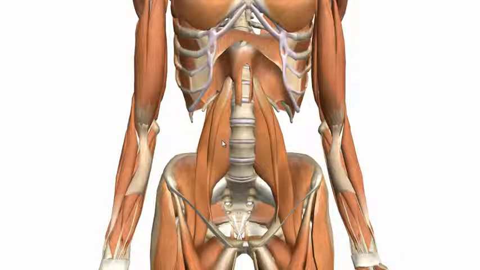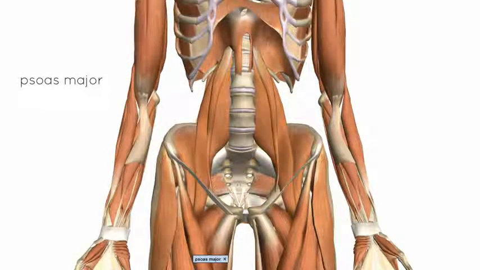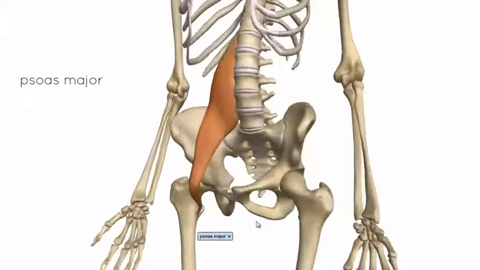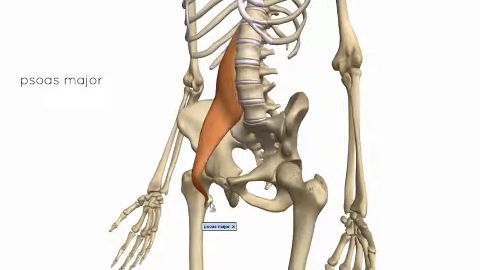So this large muscle here is the psoas major, and you can see its attachment here on the vertebral bodies. So it attaches from the vertebral bodies from T12 down to L5. And if I fade away the other muscles, you can see its insertion on the lesser trochanter of the femur.